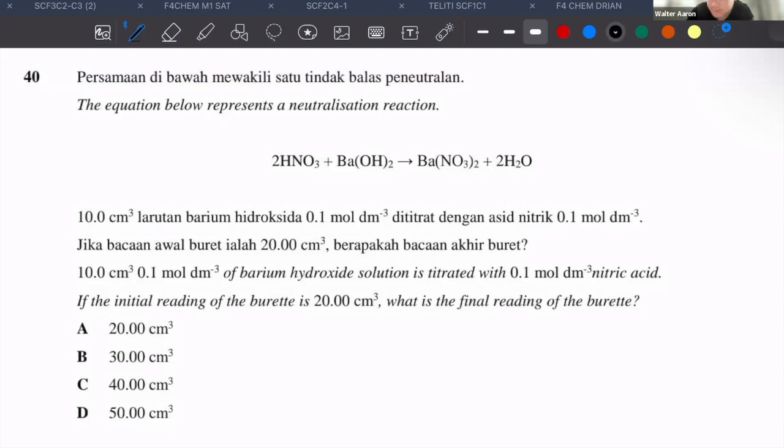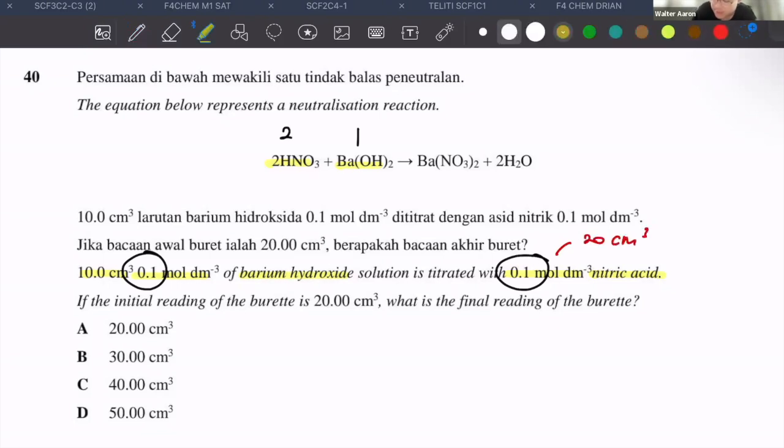But if you notice, for every 2 moles of acid, you need 1 mole of barium hydroxide. So you need twice the volume of nitric acid if you're using the same concentration. So the volume required for nitric acid will be 20 cm cube.